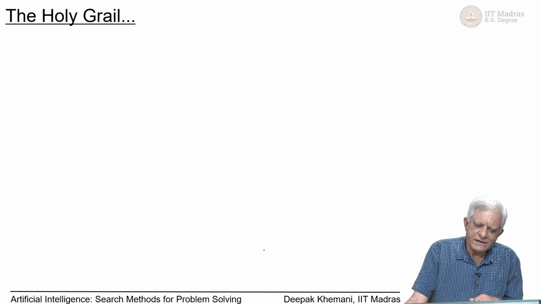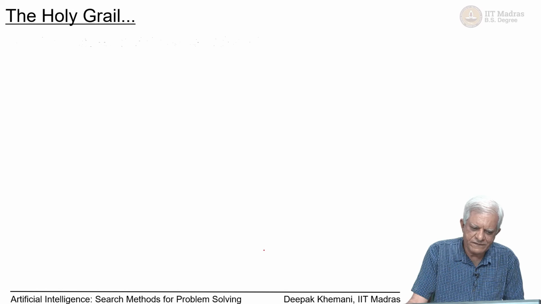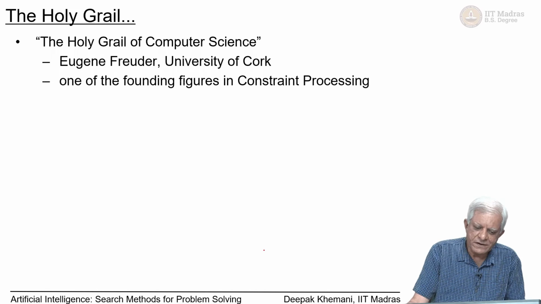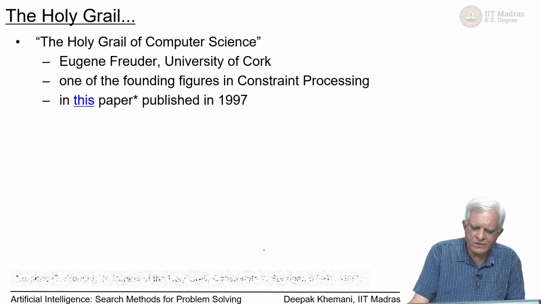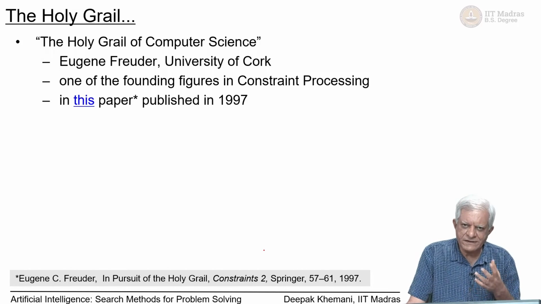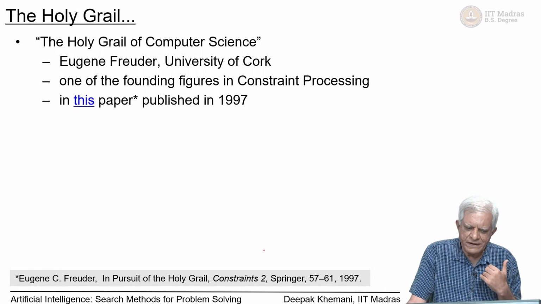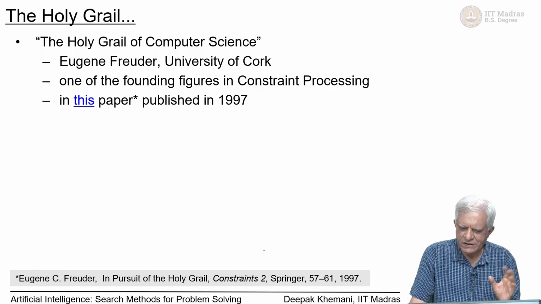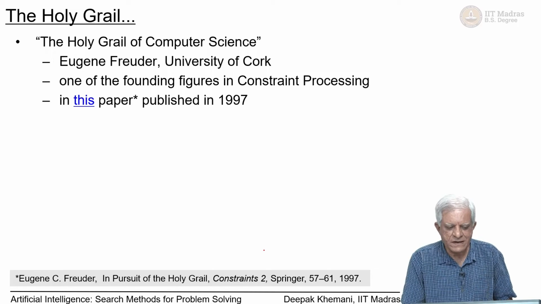So, to end, we had said a couple of times that there are people, in particular Freuder, who works at the University of Cork, who is also known as the father of constraint satisfaction. The University of Cork has a full center devoted to constraints. It is called the Cork Constraint Center. Freuder has said in his paper, which is given below, that the holy grail of computer science is to solve the constraint satisfaction problem, or work on constraint processing.